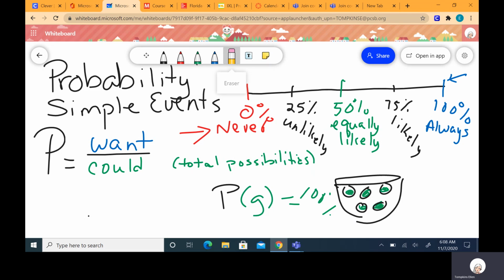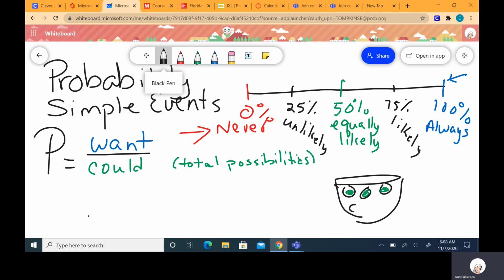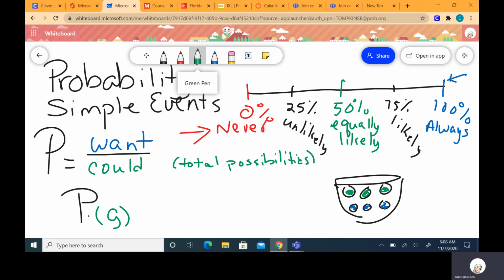All right. Now, let's just say I have this, where I've got 6 marbles, and I want to know the probability of pulling out a green. Well, what you do there is you set it up. That P stands for probability, and then they always have little parentheses like that.